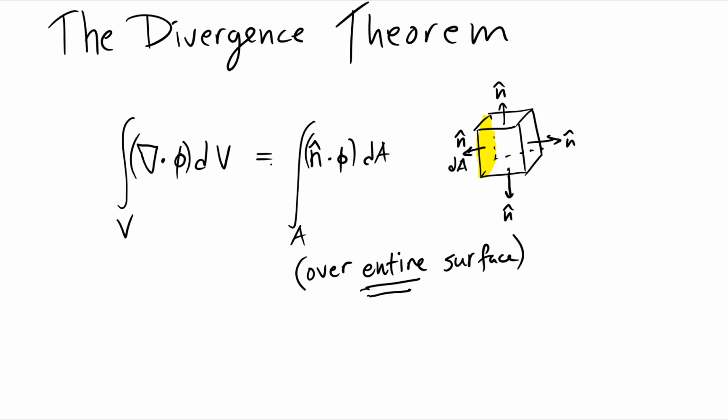And here the divergence theorem can be used, which states that the volume integral over the divergence of some variable phi here equals the surface integral of the surface normal times this variable phi.